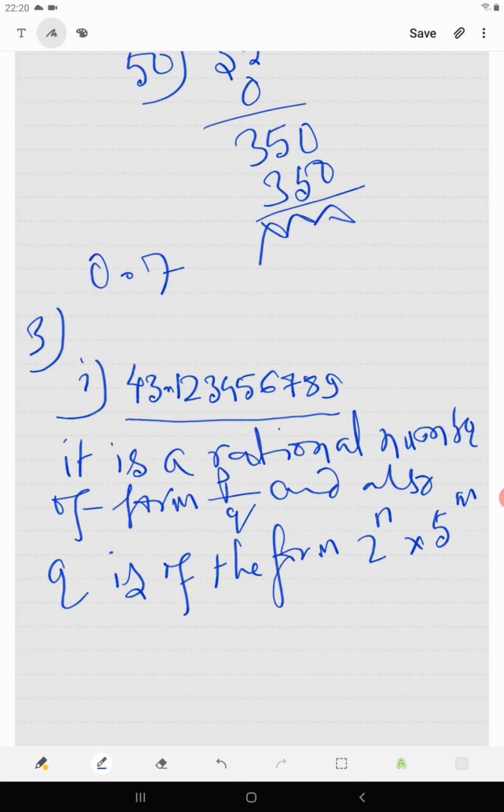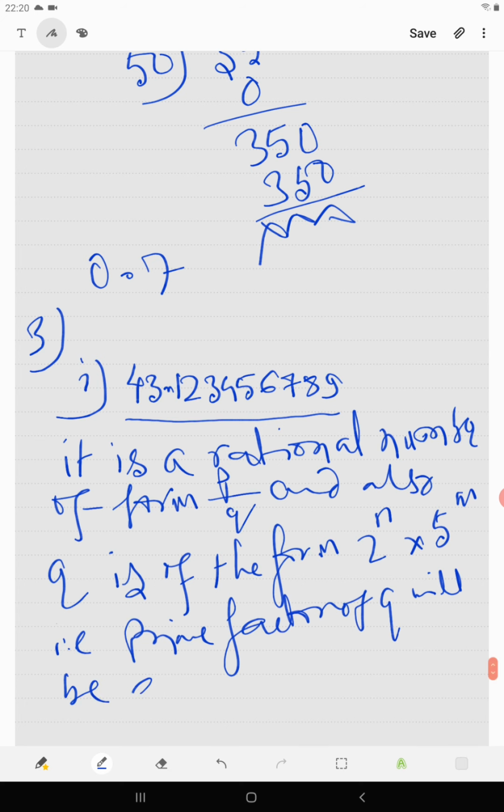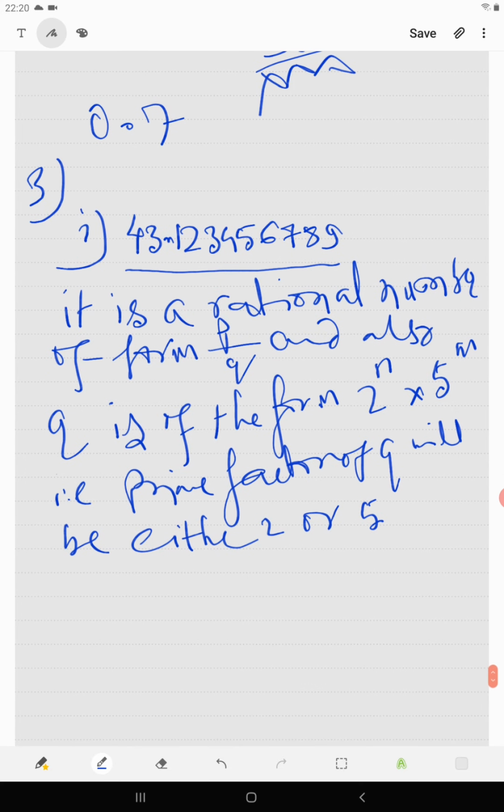That is the prime factor of q. That is prime factor of q will be either 2 or 5. Why I am saying this? Let's check it.